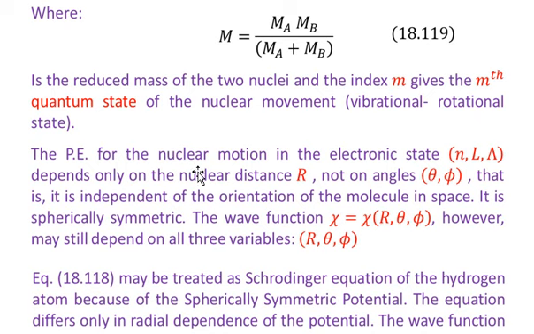The potential energy of the nuclear motion in the electronic state determined by n, capital L, capital lambda depends only on the nuclear distance capital R and not on the angles theta and phi. That is, it is independent of the orientation of the molecule in space. So our electronic state will not depend upon theta and phi.